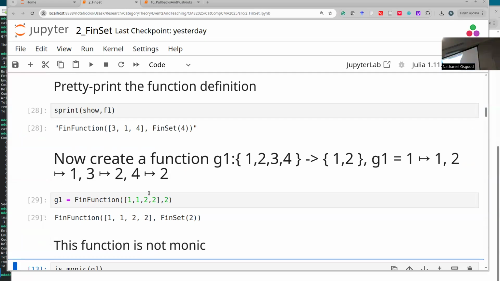You can make a finite set out of any Julia object. You can make a finite set out of any set of elements you wish to define as the elements for it. But is it any valid Julia object? That's right.